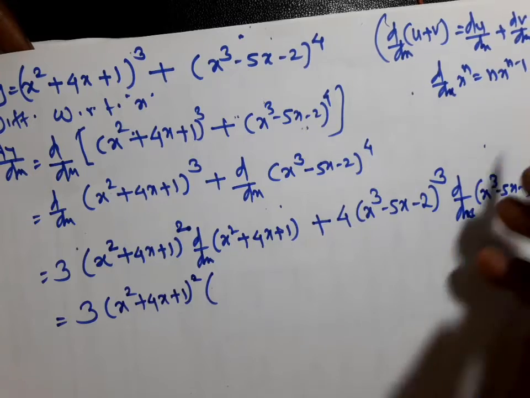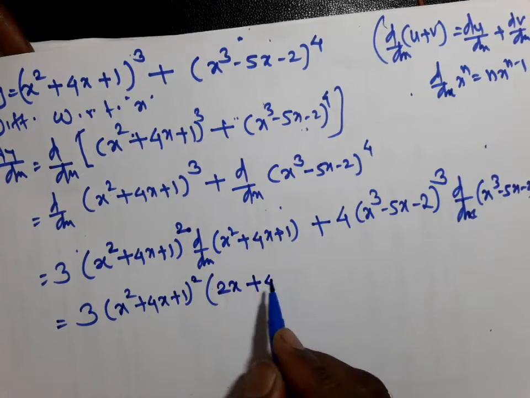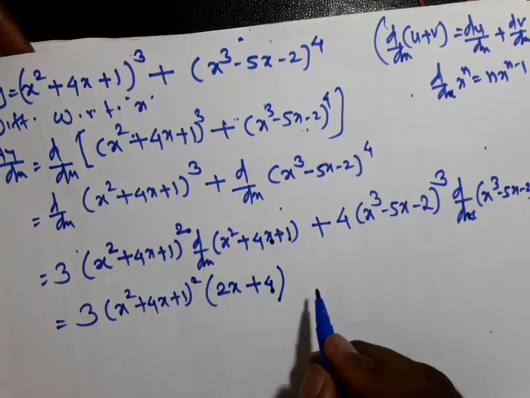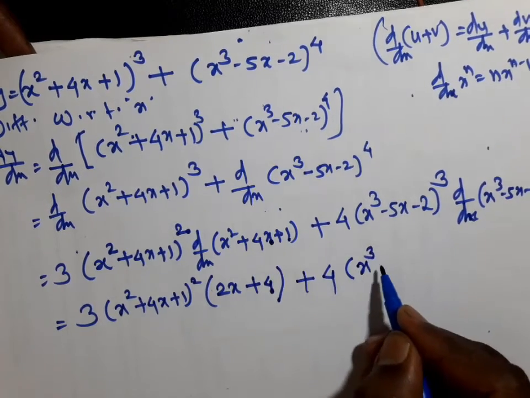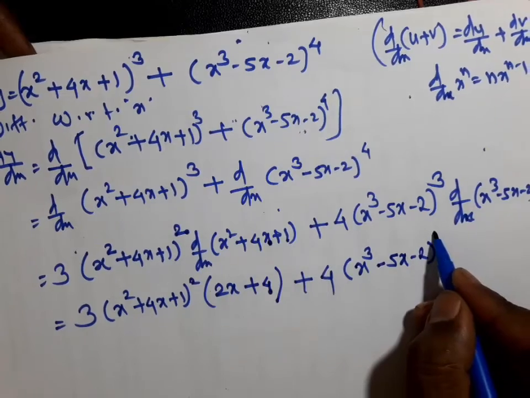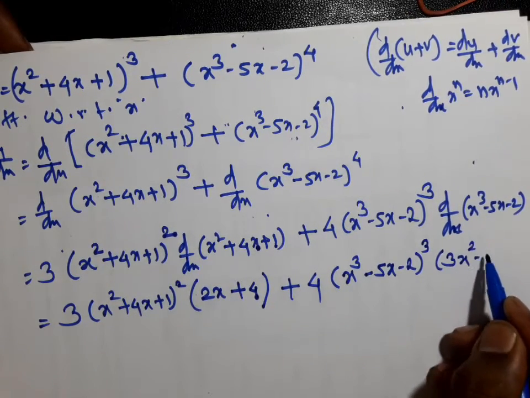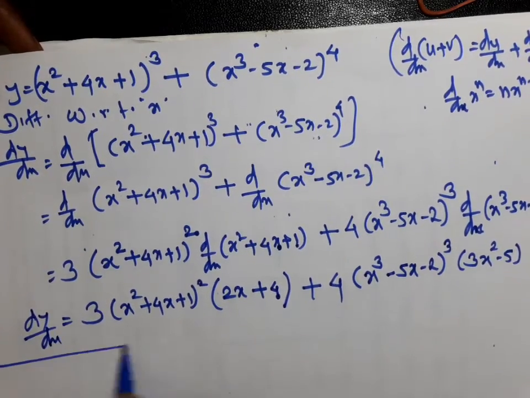By this rule, the derivative of x² is 2x, 4 is a constant taken out, the derivative of x is 1 and the constant 1 is 0. Here 4(x³ − 5x − 2) raised to 3 into (3x² − 5), and this is the derivative of the given term.